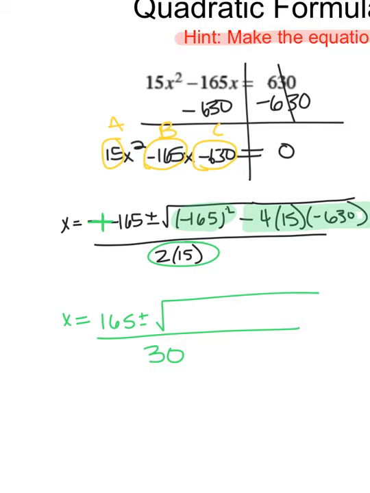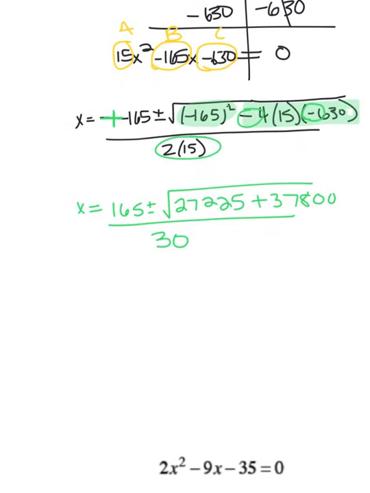All right, so we do negative 165 squared, or times itself. And then the negative 4 times 15 times another negative is actually a positive 37,800. And continuing our quadratic formula, we need to add these numbers that we see underneath the square root and rewrite it.